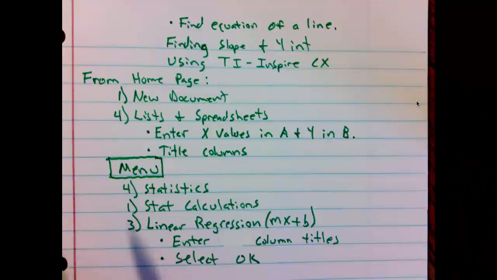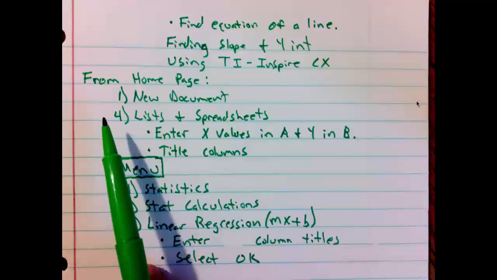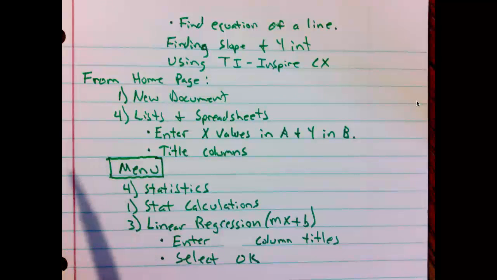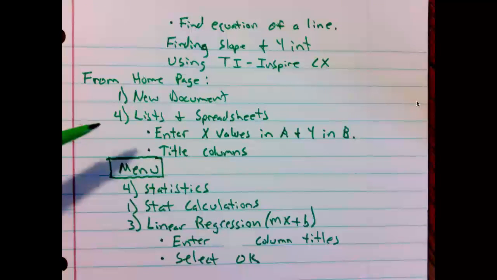Alright, from our home page we're going to select one, which is new document, for lists and spreadsheets. This process is similar to our previous video dealing with making a scatter plot. From there we will enter our x values in A and the y values in B. We'll then title our columns.